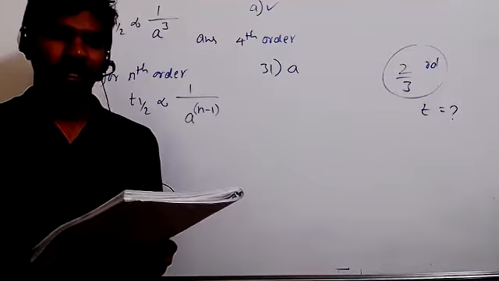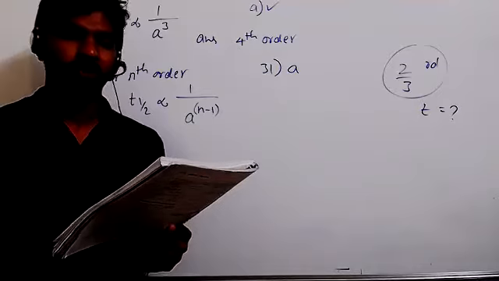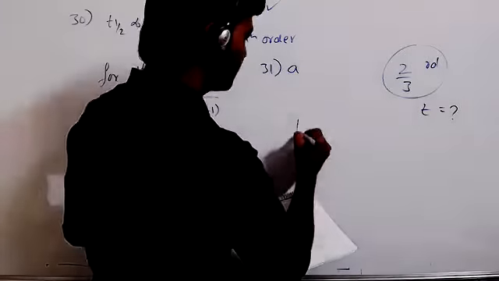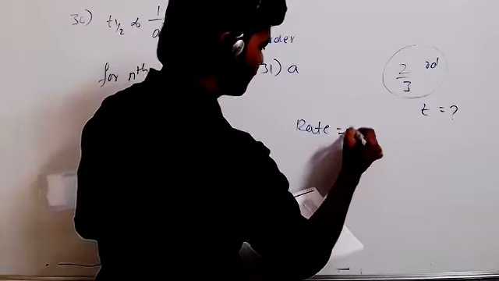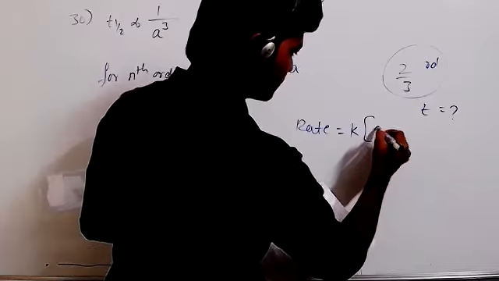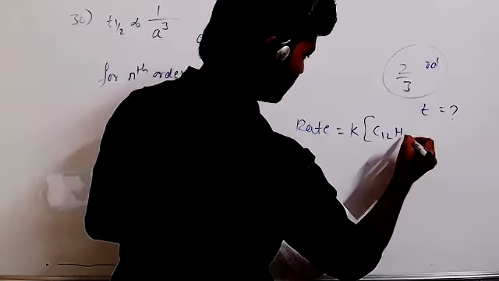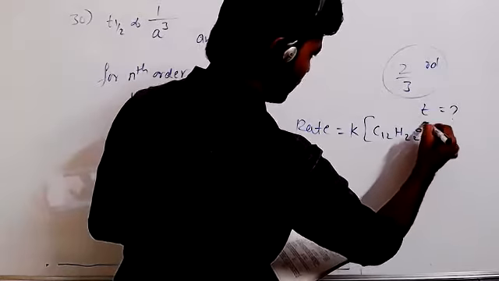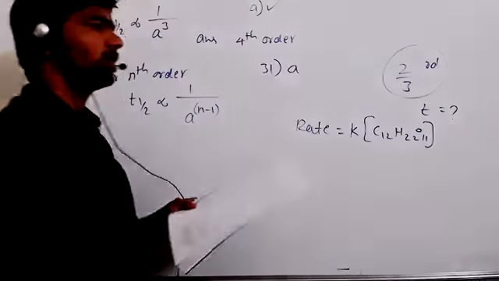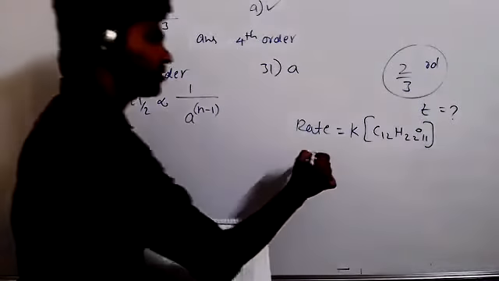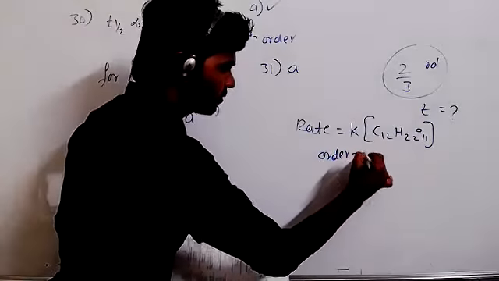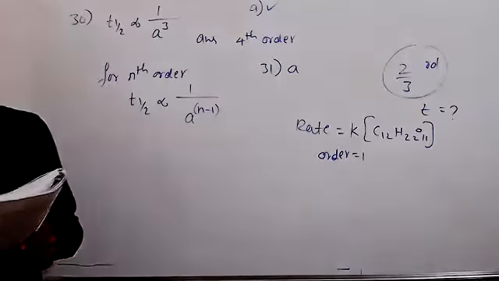So now rate of a reaction depends upon only sugar molecule. So rate is equal to K into concentration of C12H22O11, only depends upon concentration of sugar. It won't depend upon water. So order is first order reaction. So this is also option A.